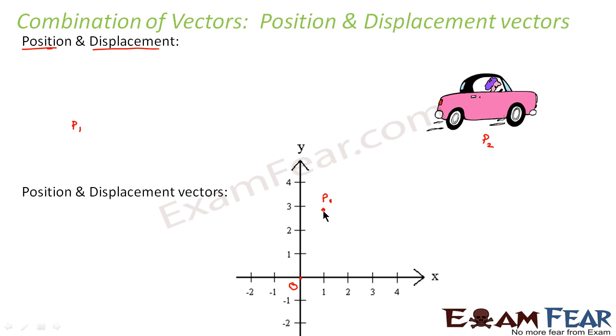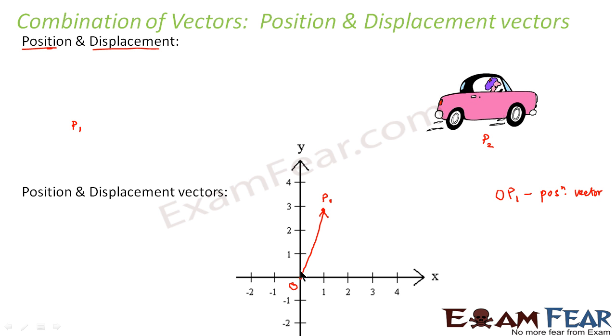So the straight line joining this point from the origin is the position vector. So OP1 is a position vector which denotes the initial position of the car.